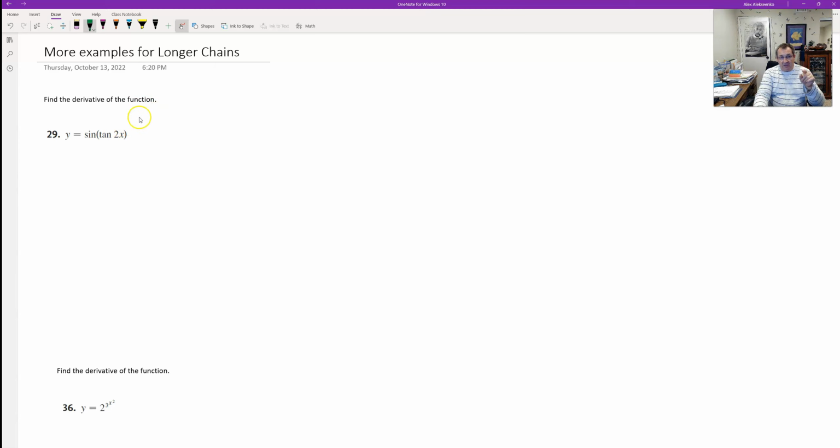So in these examples, we have multiple compositions. In particular, I can see that I will have function f, and it is evaluated on function g, which is in turn evaluated on function h.